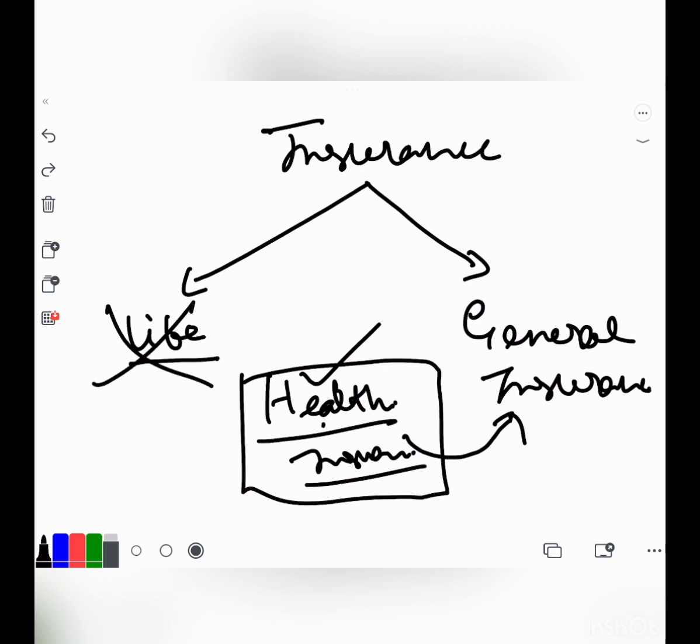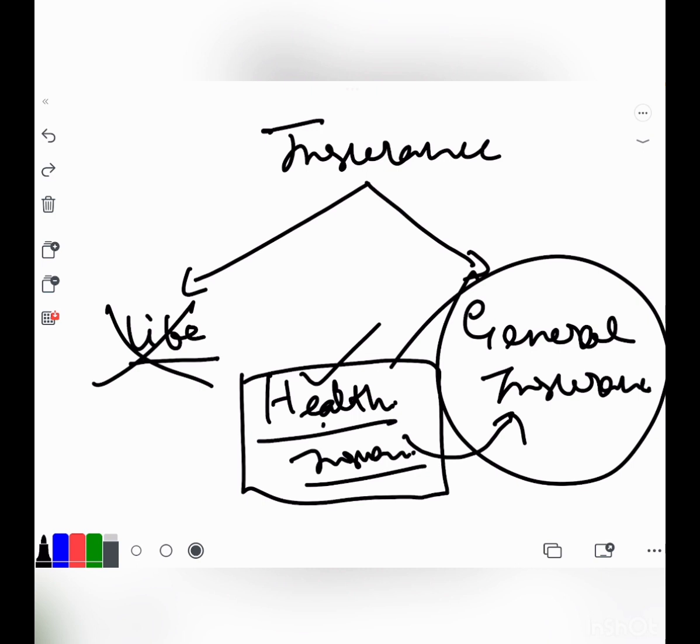Why? Because health insurance follows the principle of indemnity. Any insurance which follows the principle of indemnity will be categorized into general insurance. So I think this is very clear.